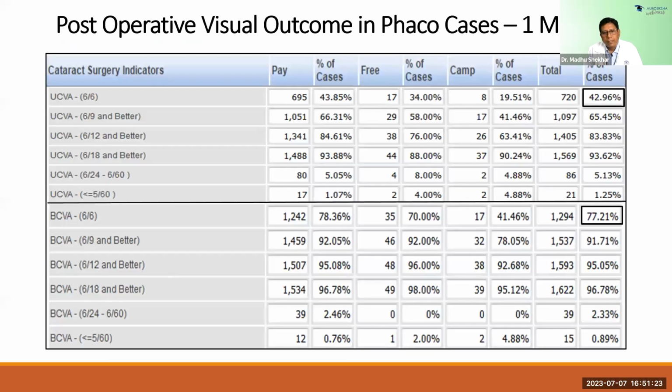In this table, you can see a 1 month post-op visual outcome record.